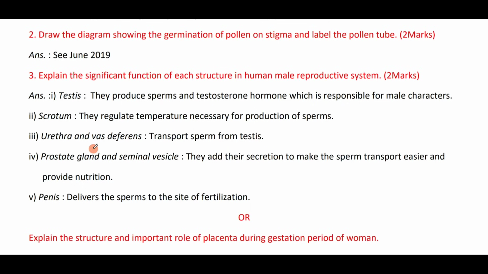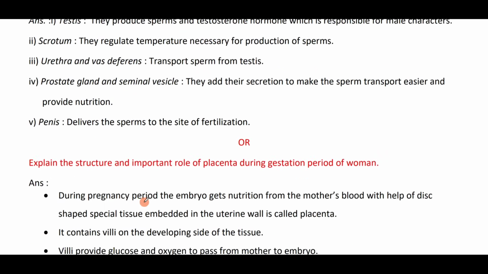Urethra and vas deferens transport sperm from testes. Prostate gland and seminal vesicle add their secretion to make the sperm transport easier and provide nutrition to the sperm. Penis delivers the sperm to the site of fertilization.